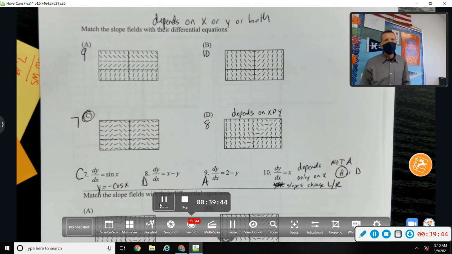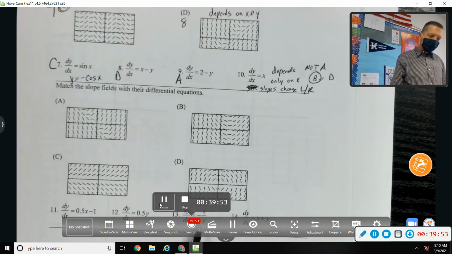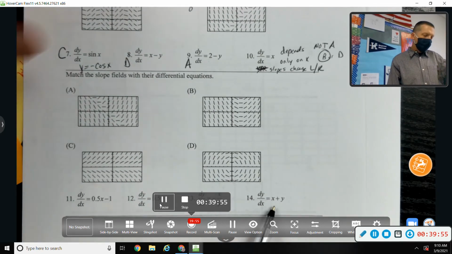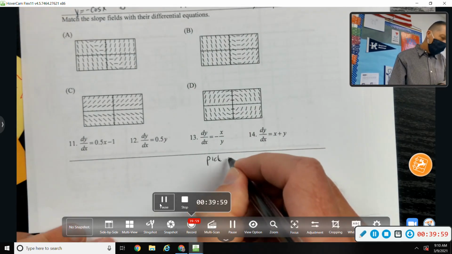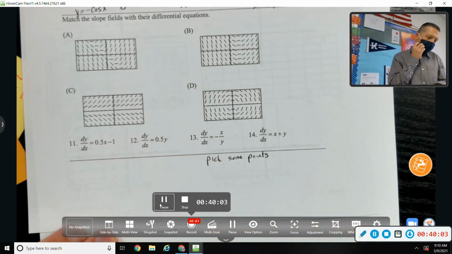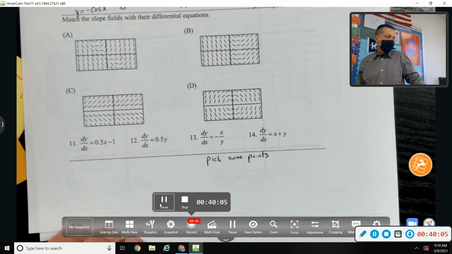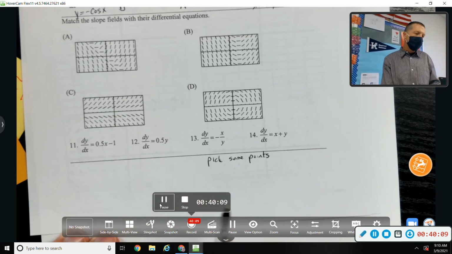So 9 is A. Now, the next set's a little bit harder, because you've got 2 that depend on x and y, so you may have to pick some points. Try a 1-1. A 0-0 is hard to tell, so maybe don't do 0-0. But pick some points and use process of elimination.